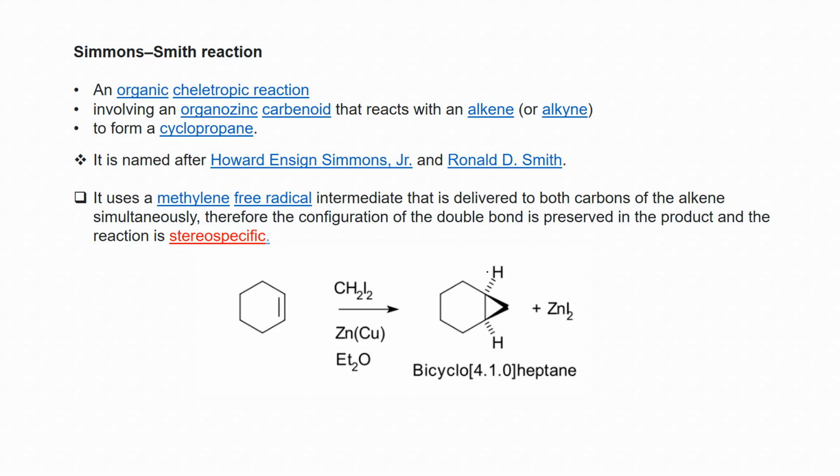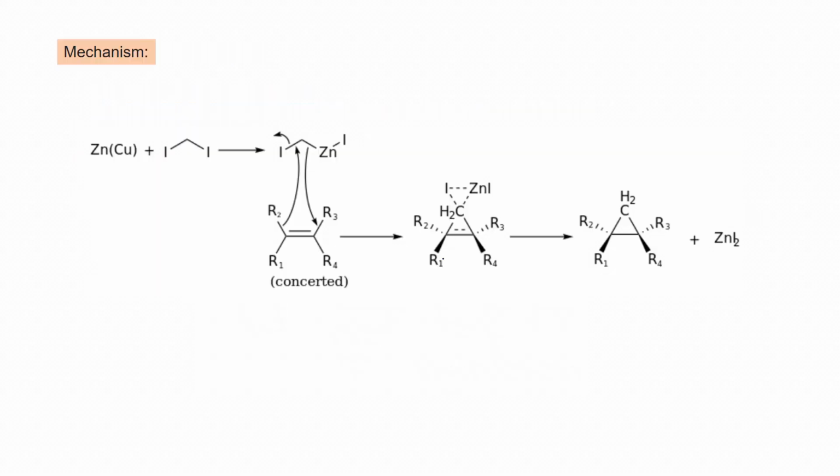Here the carbene gets incorporated into the carbon-carbon double bond from a single face, a specific face, so it's totally stereospecific, because it won't get time to isomerize. So this is the mechanism.